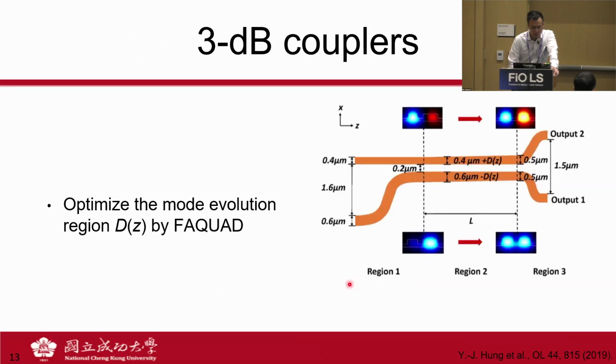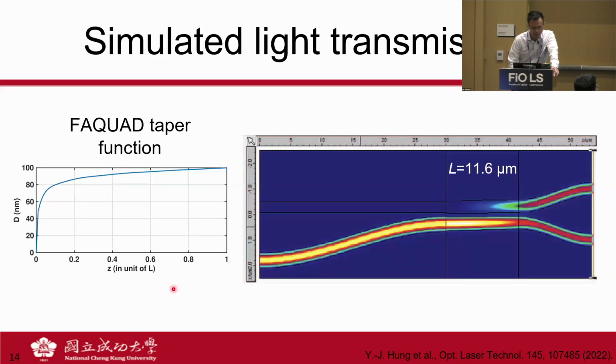So now we talk about some device examples. We actually go out and design these 3 dB couplers using the Farquhar protocol we just introduced. As you can see, this is the simulation first. This is our obtained Farquhar taper function, which is highly nonlinear as compared to the conventional linear taper.